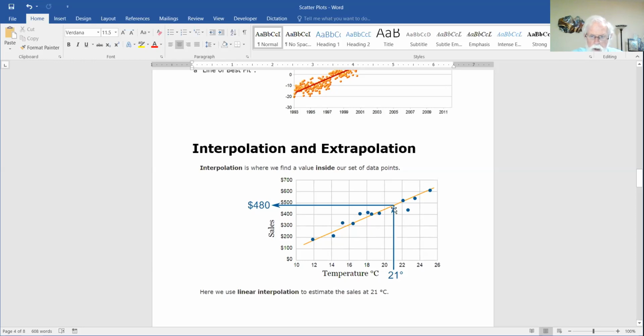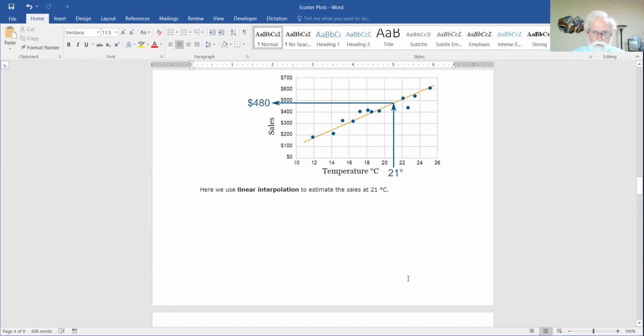So we could estimate that our sales at 21 would be about $480. We need to be careful to understand that they might be a little bit higher or a little bit lower, but this is what we could think of as our sales on a day when the temperature was going to be 21 C.